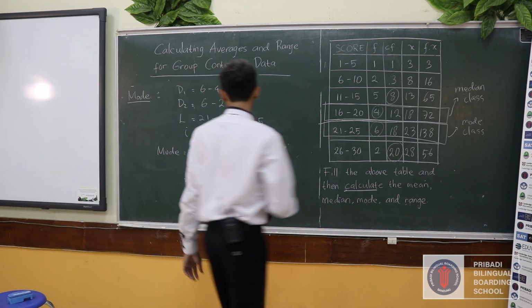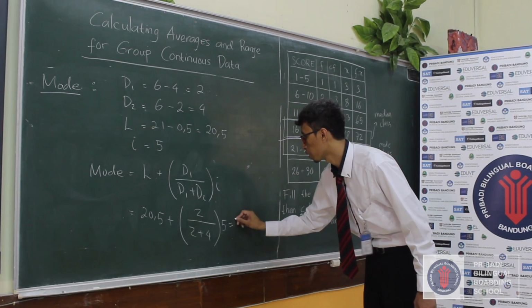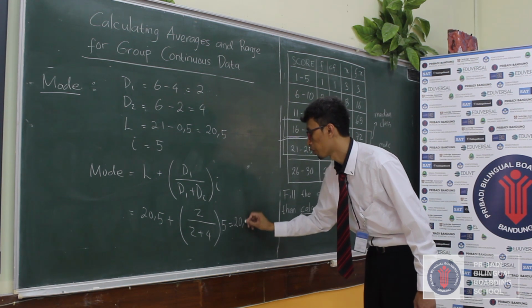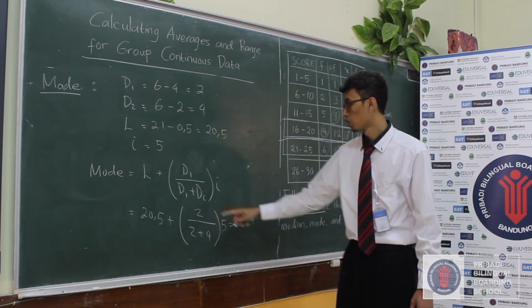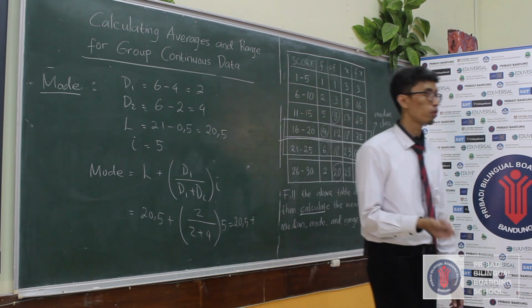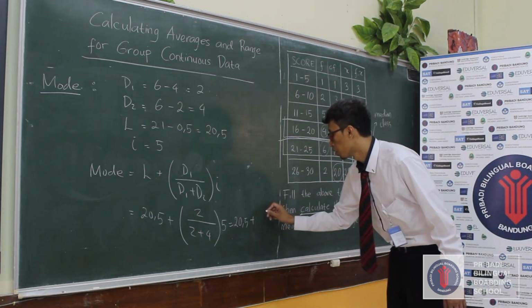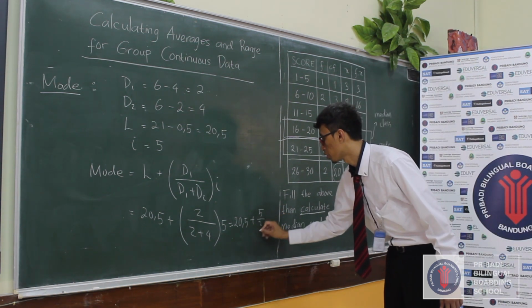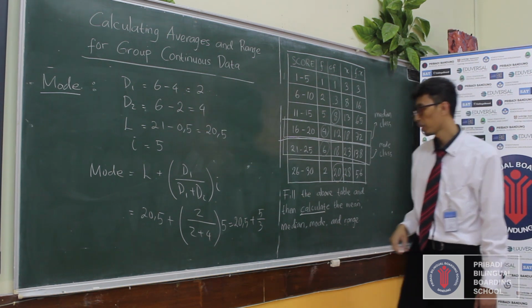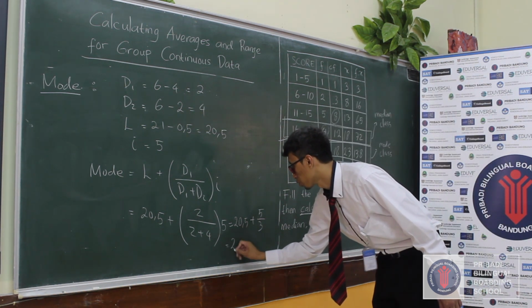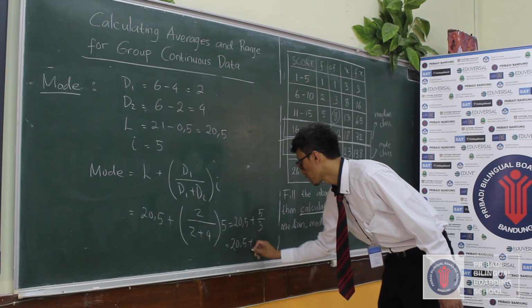Okay, and then easily we can calculate it, 20.5 plus 2 over 6, which is 1 over 3. So we must find 5 divided by 3, okay, 5 over 3, which is around 20.5 plus 1.66.